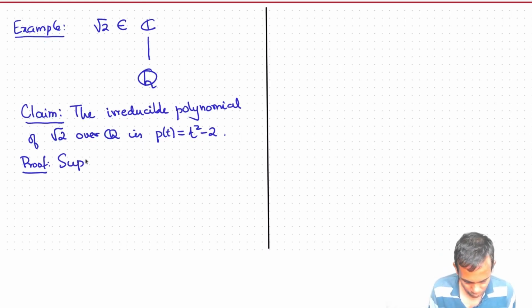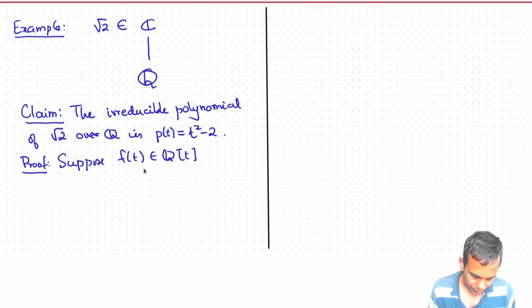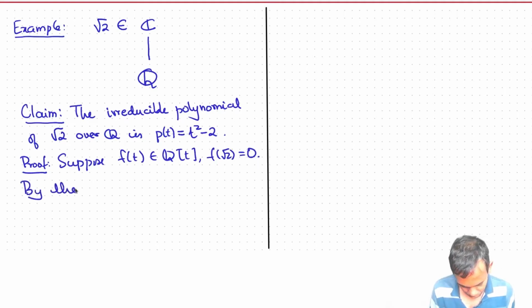So now suppose f(t) belongs to Q[t] and f of square root 2 is 0. Now apply the division algorithm in the polynomial ring Q[t], Euclid's division algorithm.